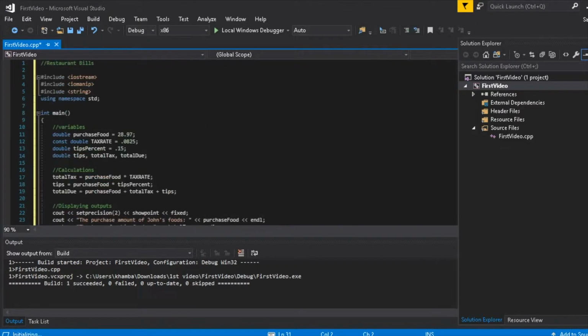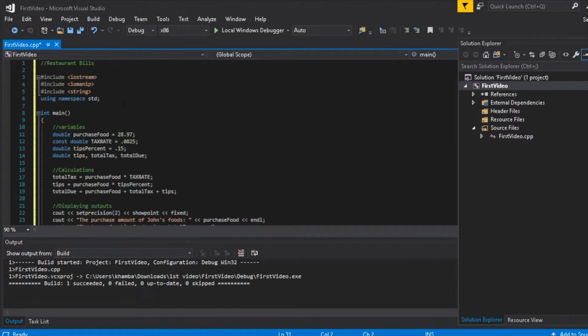Okay, so these two slashes are just comments, and I should #include <iostream> because we need to display the input and output. Input and output come from iostream; the iostream library contains input and output. <iomanip> is there because I decided to show only two decimal points.